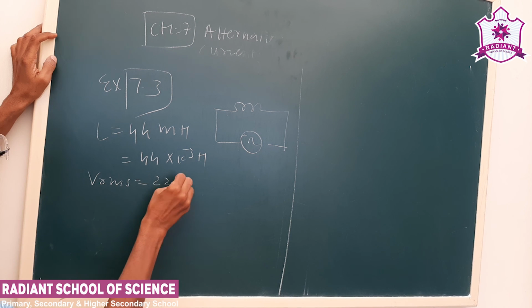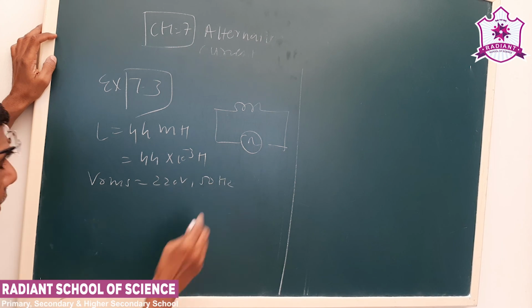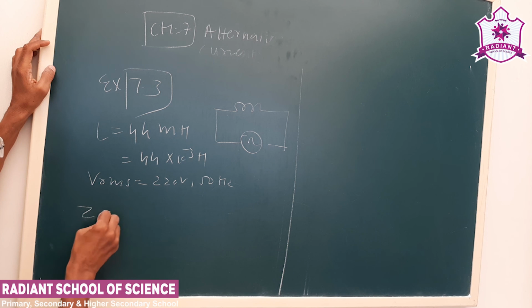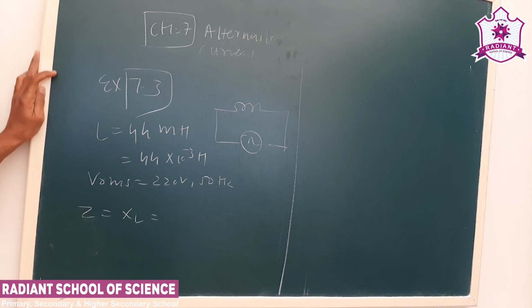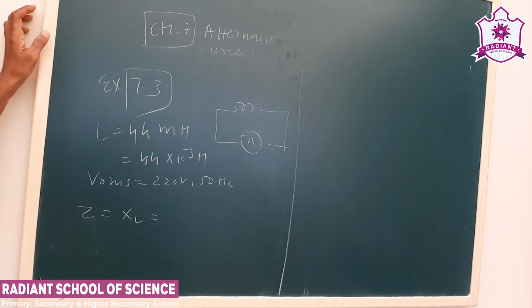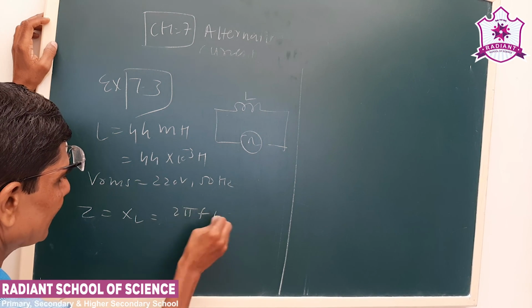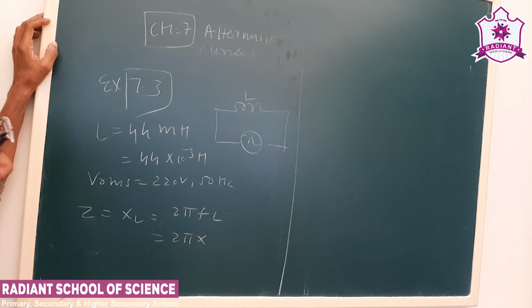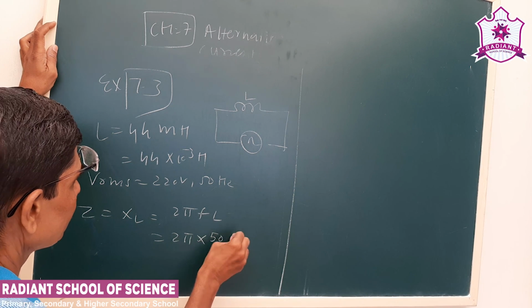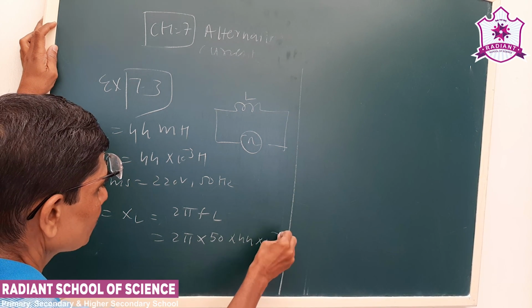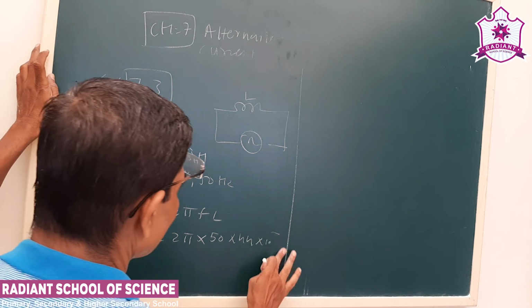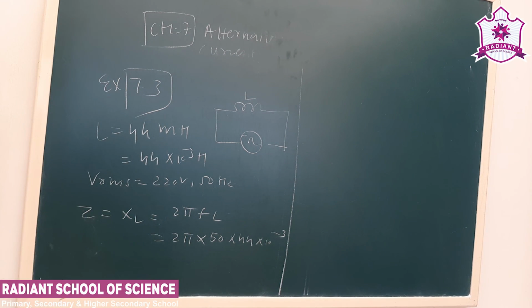VRMS is 220 volt. See, the impedance is only due to inductive reactance, or due to inductance. XL is 2 pi FL. F is 50, L is 44 into 10 to the minus 3. So you can calculate that as 13.81.